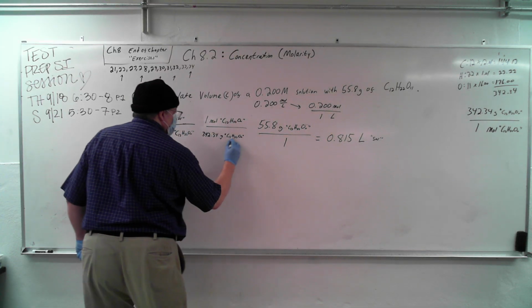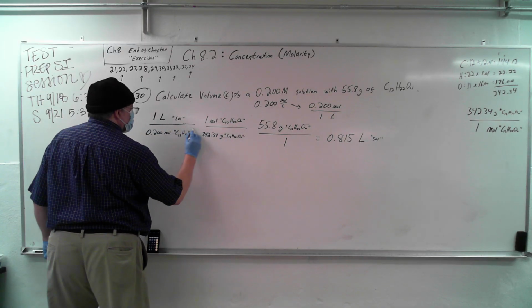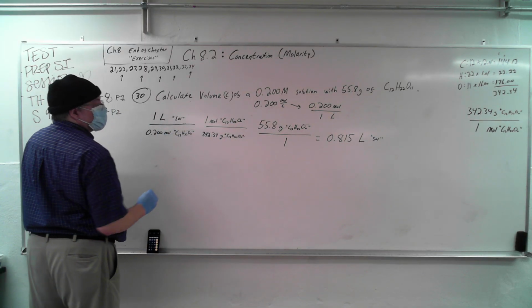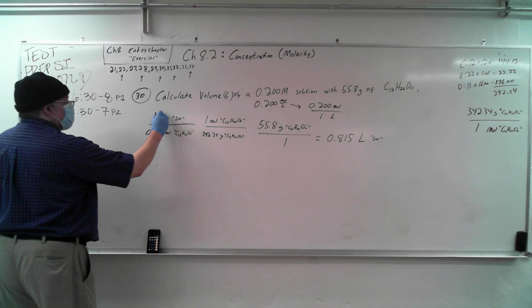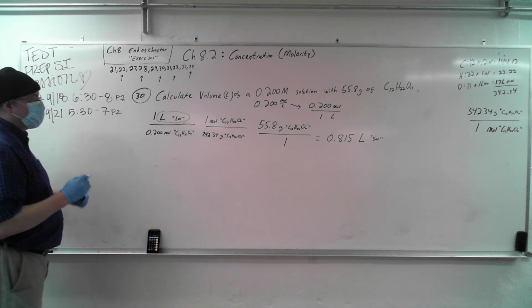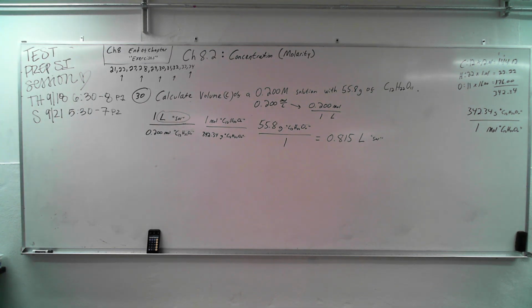Grams of that cancel, grams of that cancel, moles of that cancel, moles of that cancel. We end up in liters of solution. We end up in this unit. So that's how you find the volume given the grams.